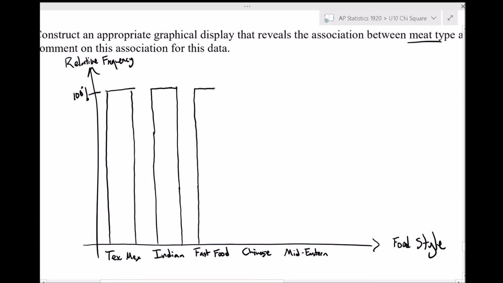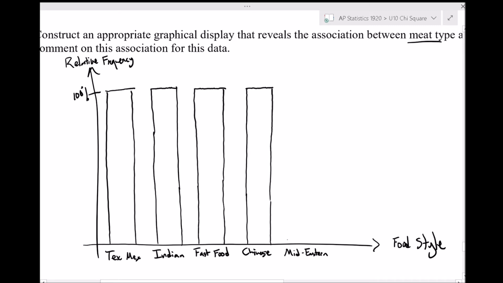They're going to have 3 segments, 1 segment for each type of meat choice. So beef, chicken, and then there's veggie. It's not a very comprehensive list. Where's pork at? Okay, so all of these are the same height, 100%.